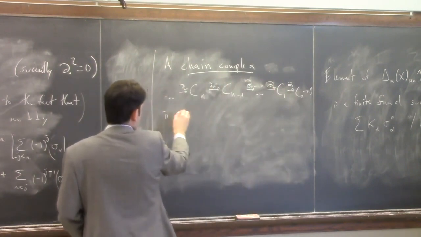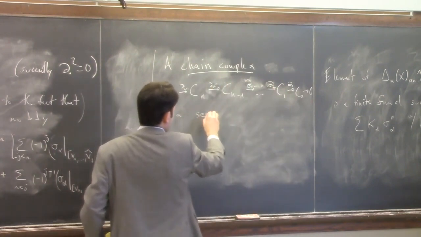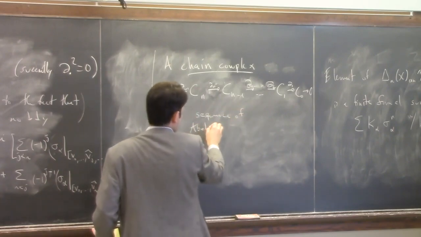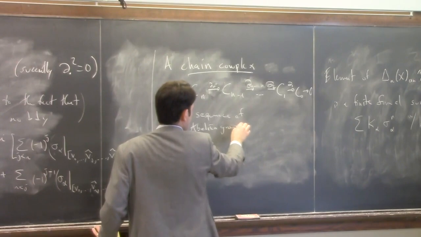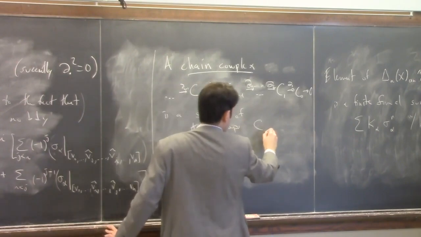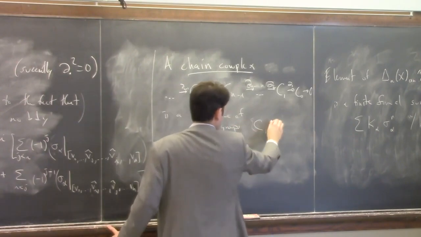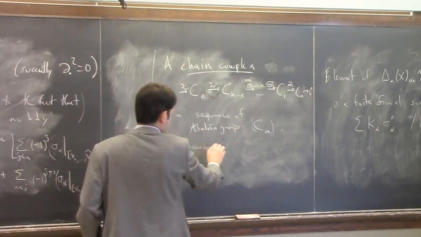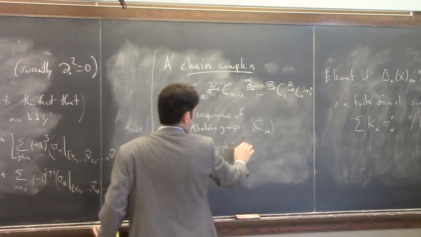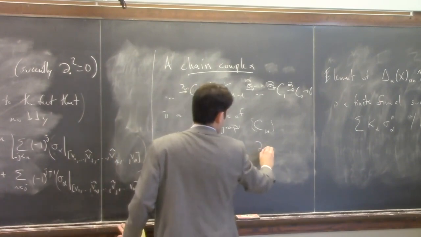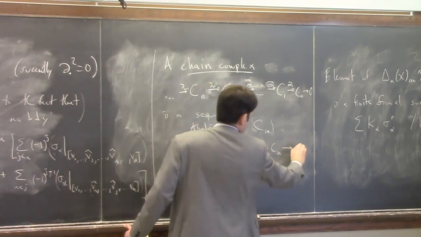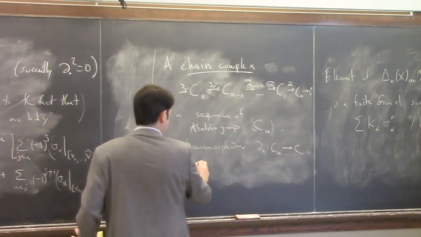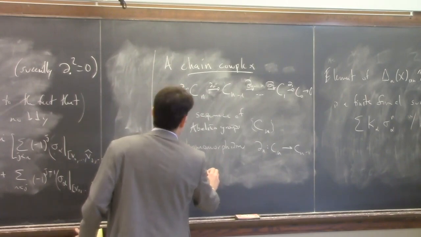A chain complex is a sequence of abelian groups and group homomorphisms such that they square to 0.